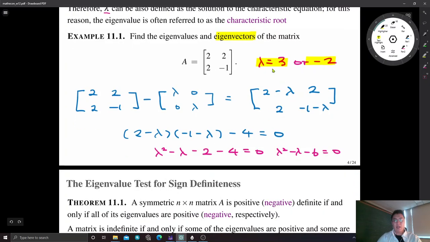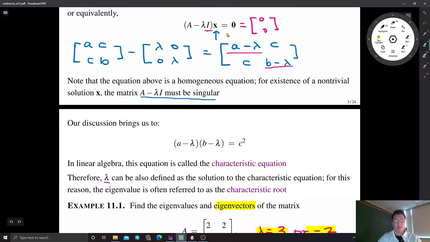In case of 3, when lambda is 3, the coefficient matrix is going to be negative 1 and 2, and 2 and negative 4 in the second row. This is going to be the coefficient matrix of this homogeneous equation.